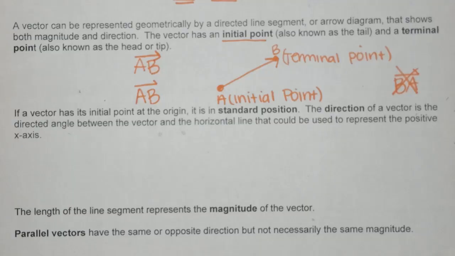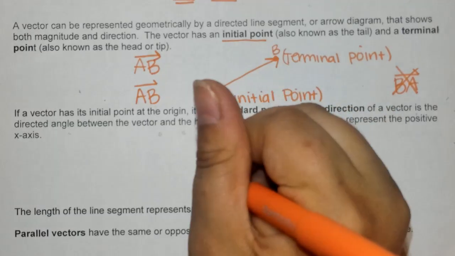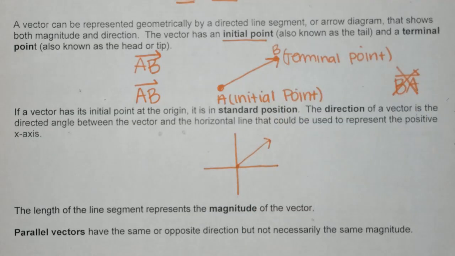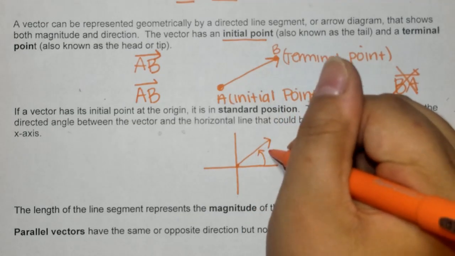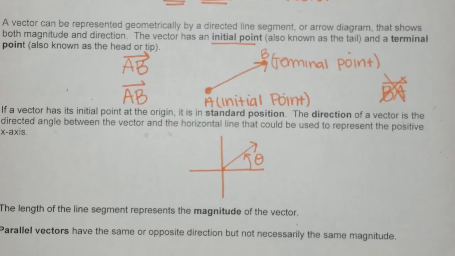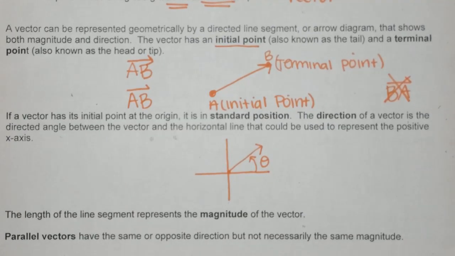If a vector has an initial point at the origin and it is in standard position, we've talked about standard position a lot this year, meaning it starts at the origin and goes out, then the direction is the angle between the vector and the horizontal line, aka the x-axis. In shipping, or air traffic control, whenever they deal with what direction the ship is going, they do that in vectors.